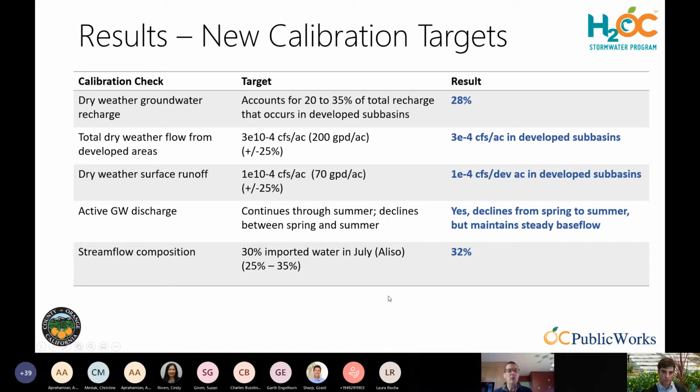We needed to watch our groundwater discharge carefully. This continues through the summer and declines between spring and summer. This was not necessarily something we had to focus on in such detail earlier this year because our summertime stream flows were supported by irrigation water runoff.